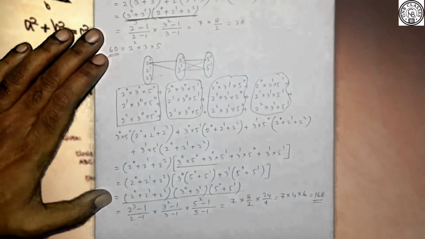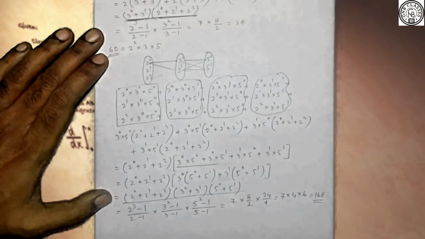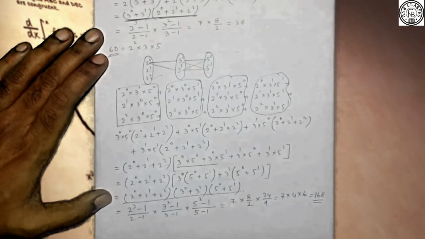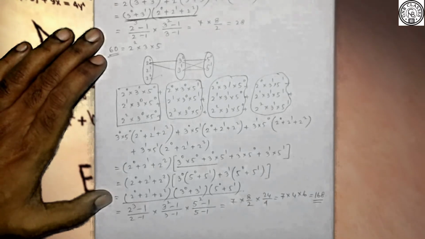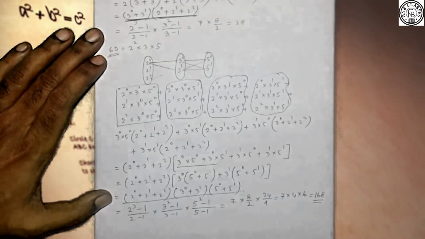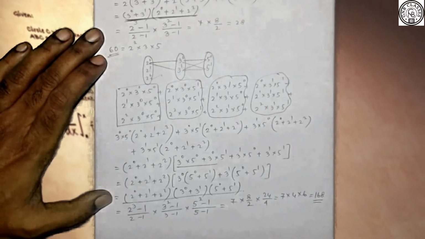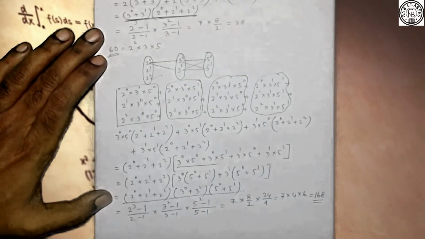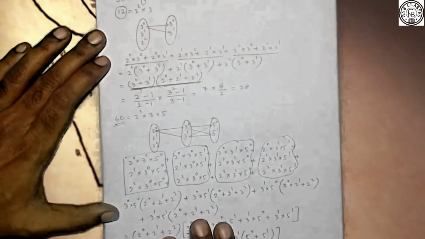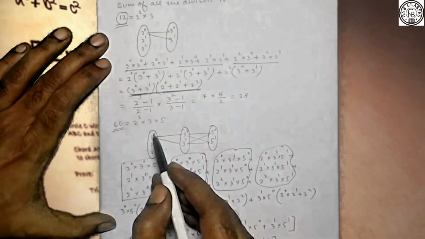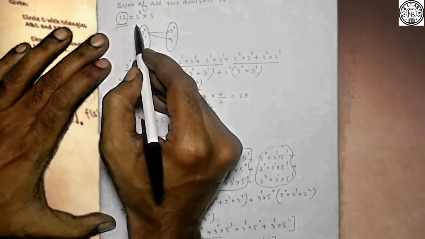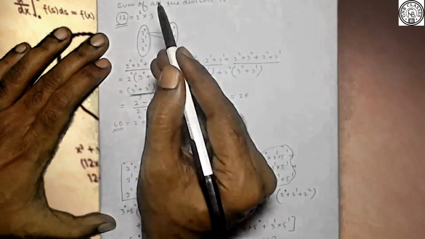Now let us try to generate a formula which will help us find the sum of all the divisors of any natural number having a very large value. So if we observe the first case when we considered 12, the prime factorization was 2 square into 3.